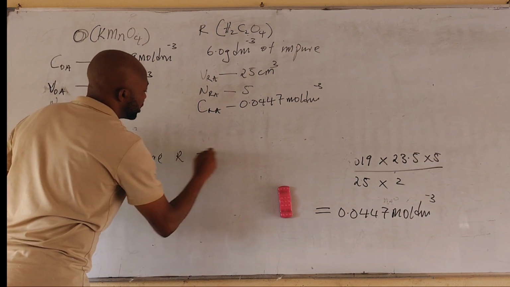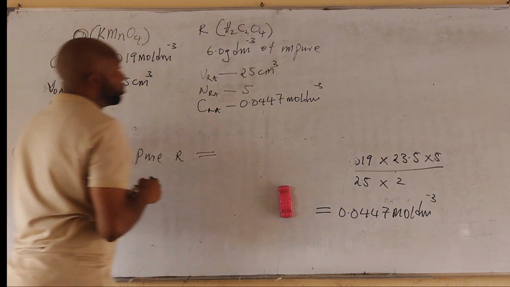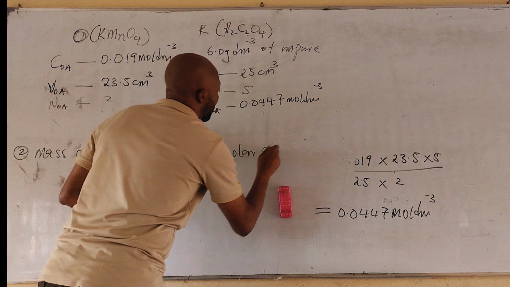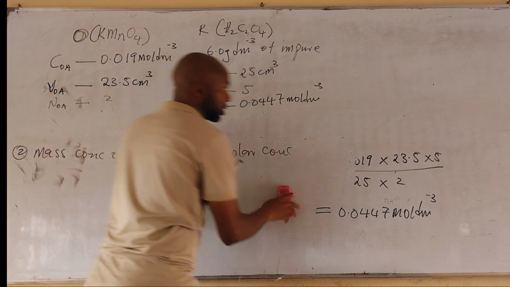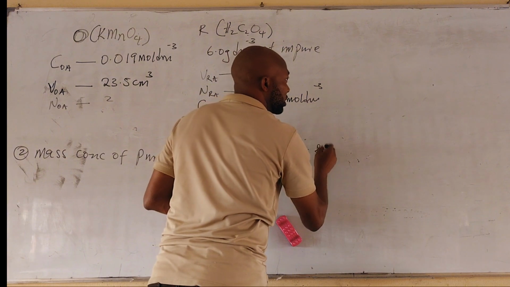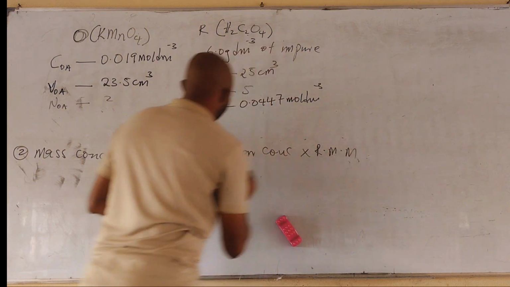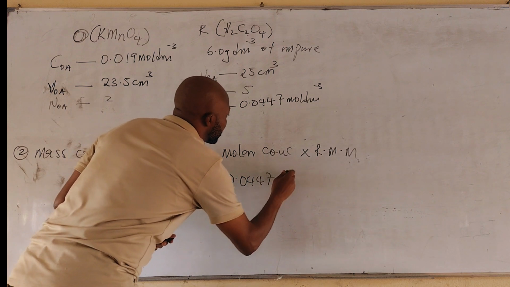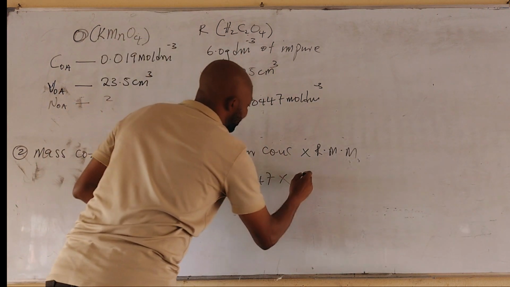R. This is equal to the molar concentration times the relative molecular mass. So this is equal to 0.0447 times the relative molecular mass, which is 90.